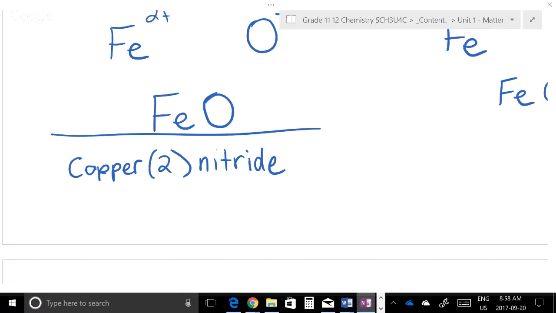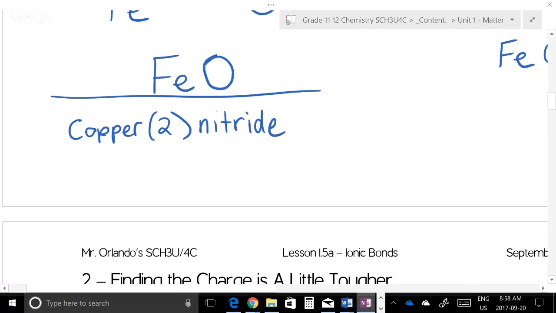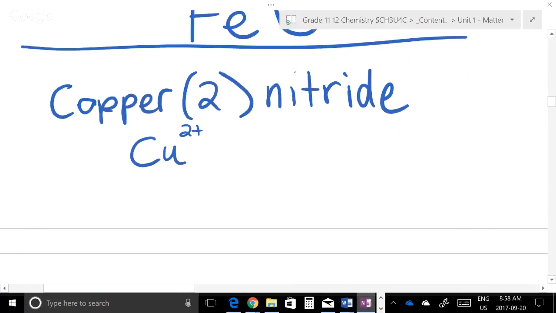Okay, guys. Let's take a look here. How would I write this down below? Copper 2. What's that ion look like? Close. Super close, but it's not CO. That's cobalt. It's Cu. Well, copper is Cu.